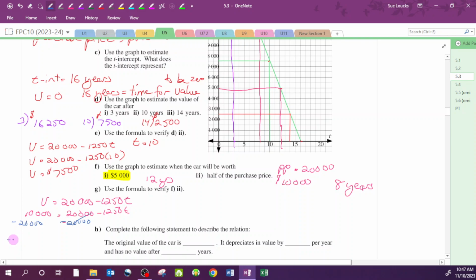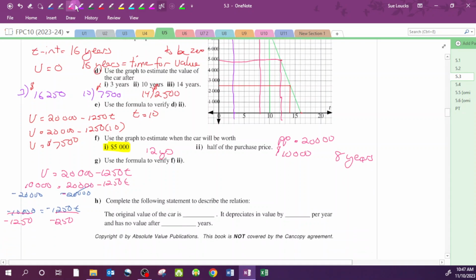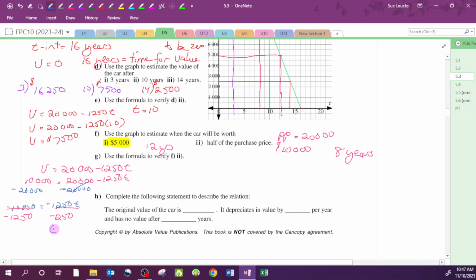I get minus 10,000 equals minus 1250T. This is just your basic one-step algebra question. Divide by negative 1250, and I get T equals 8. Yay. So that matched my graph. That's a terrible smiley face.